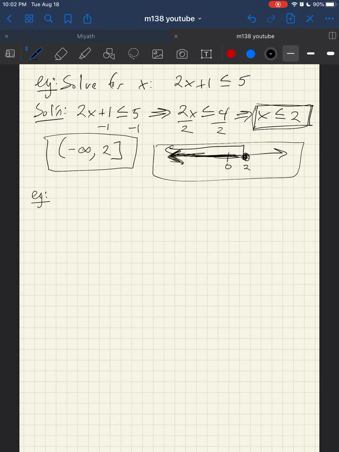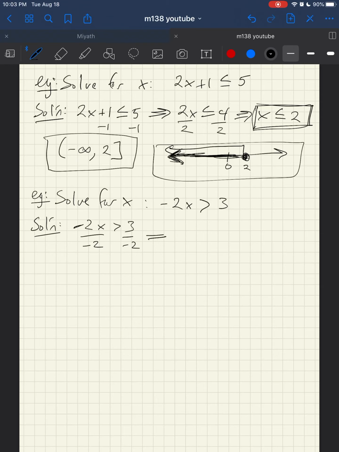Now, inequalities can get nastier. Suppose we have, solve for x, negative 2x is greater than 3. This is a strictly greater than, so I'll just divide both sides by negative 2.